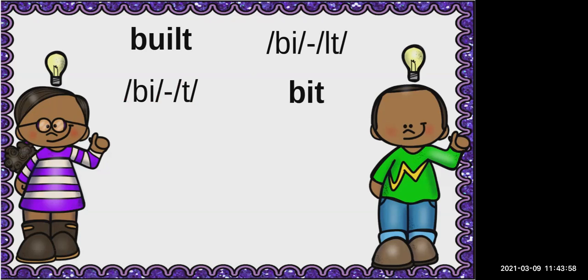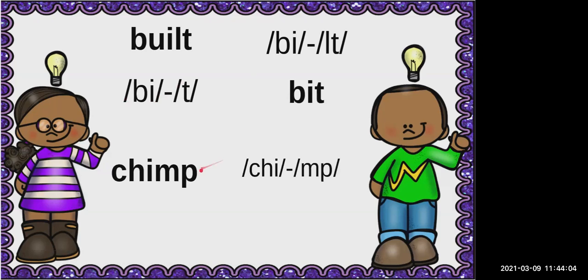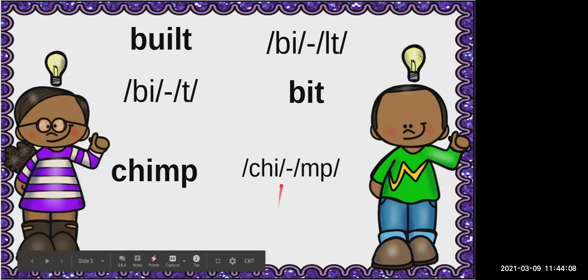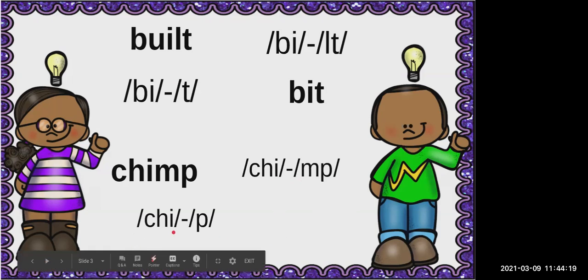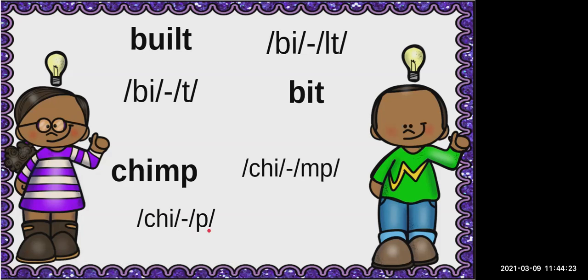Good. The next word is chimp. Chimp. So we break that apart. We have chimp. The mp is the blend. We're going to get rid of which part of that blend? Yes, the m. So now we just have chip. Chip. What is the new word? It is chip. Very good.